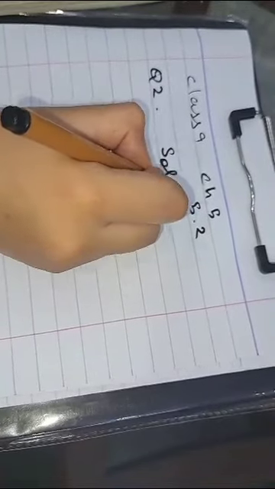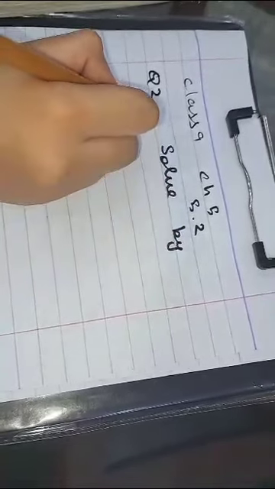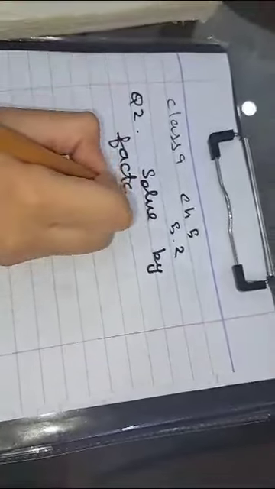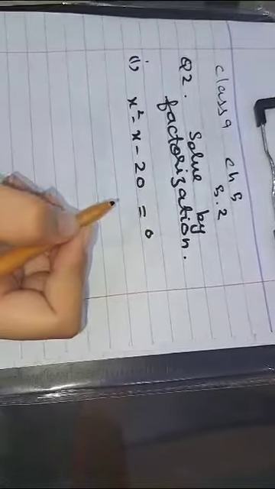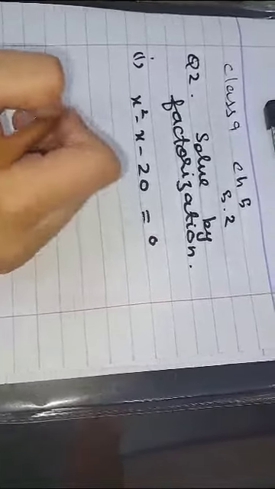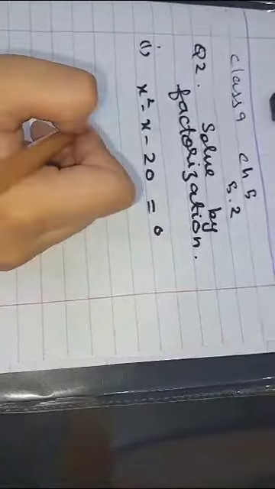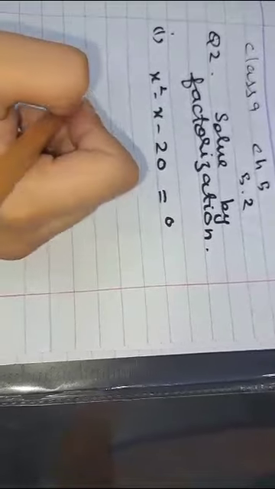So question number 2, we're going to start. You're going to solve by factorization, so you're going to make the factors. Now, part number 1 is x square minus x minus 20 is equals to 0. I'm going to repeat the concept from class 9 so that the beginners can understand.